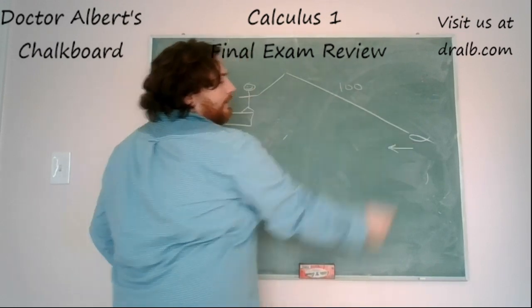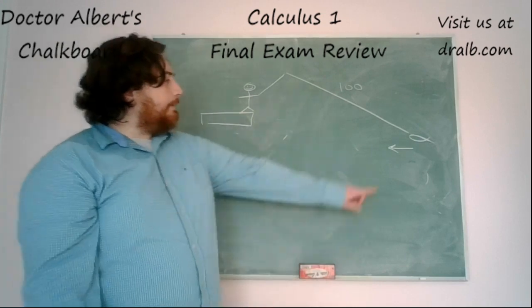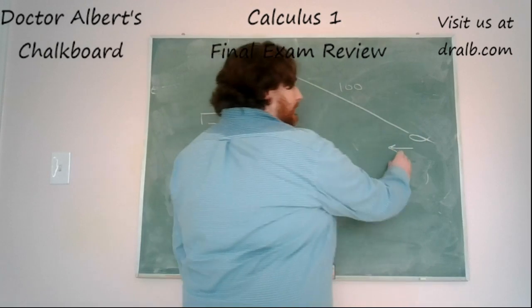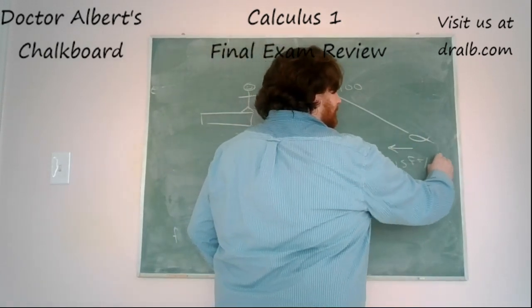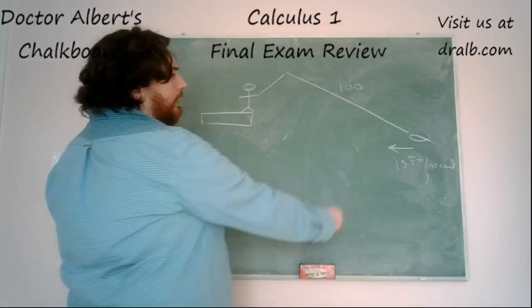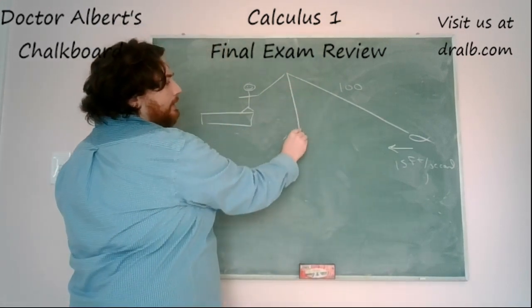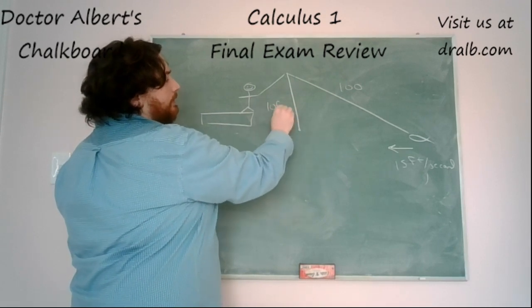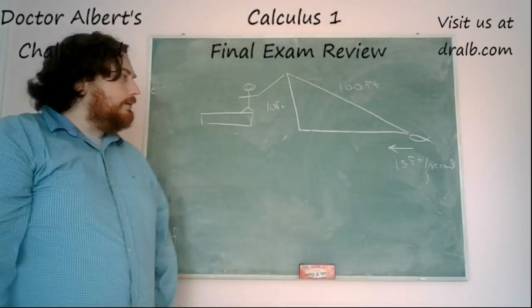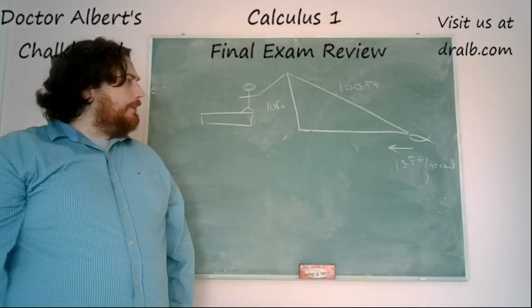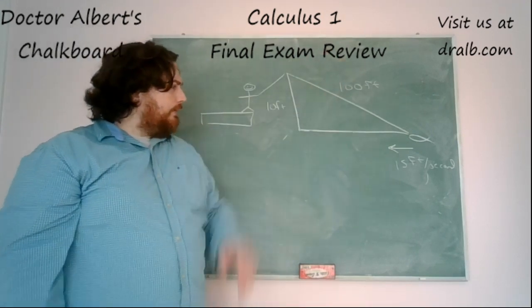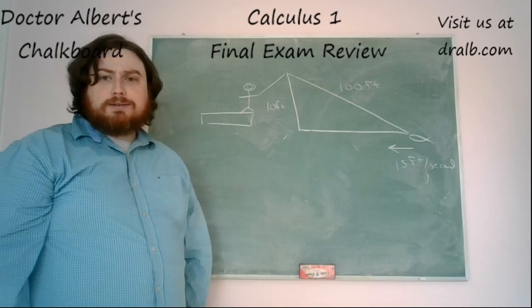I know that the fish is swimming towards me, so I'm going to put a little arrow pointing towards me, and that's at 15 feet per second, so I'm going to write that down. And then I know that the height between the tip of the pole and the fish is going to be 10 feet, so I'm going to put that in there. And then, because I have this line anyway, I'm going to connect those 2 points, so I end up with that picture. 10 feet, 100, moving in at 15 feet per second. I think that's everything that's given to me.